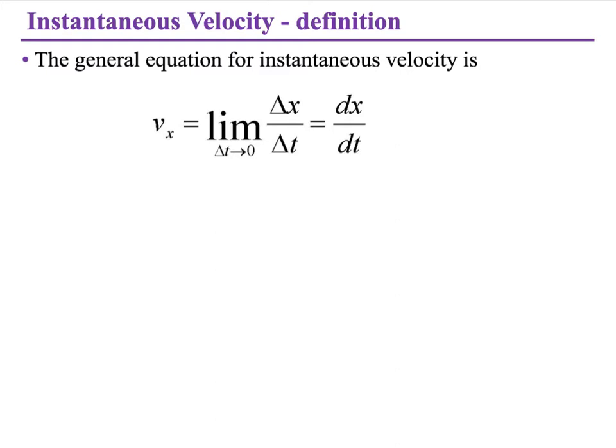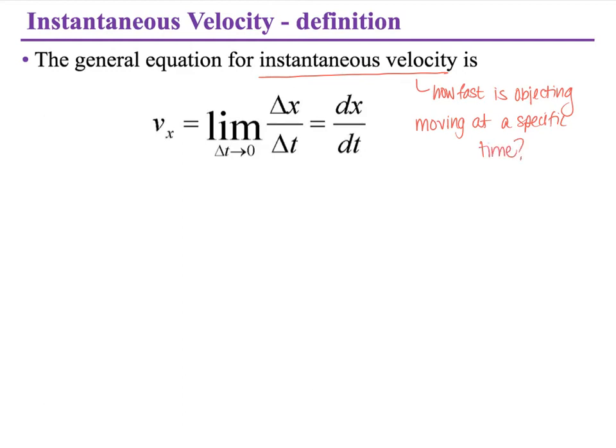So what we're talking about then is the instantaneous velocity, which is how fast the object is moving at a particular time. For average velocity, we were looking at displacement over a time interval.